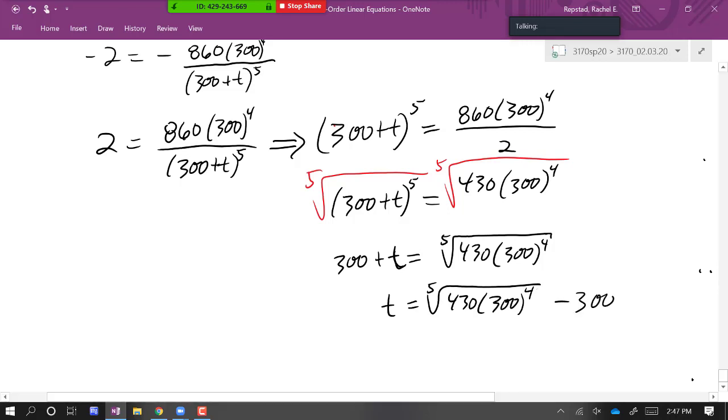So 430 times 300 to the fourth, all to the 1/5 power, minus 300. We get 22.4 minutes.